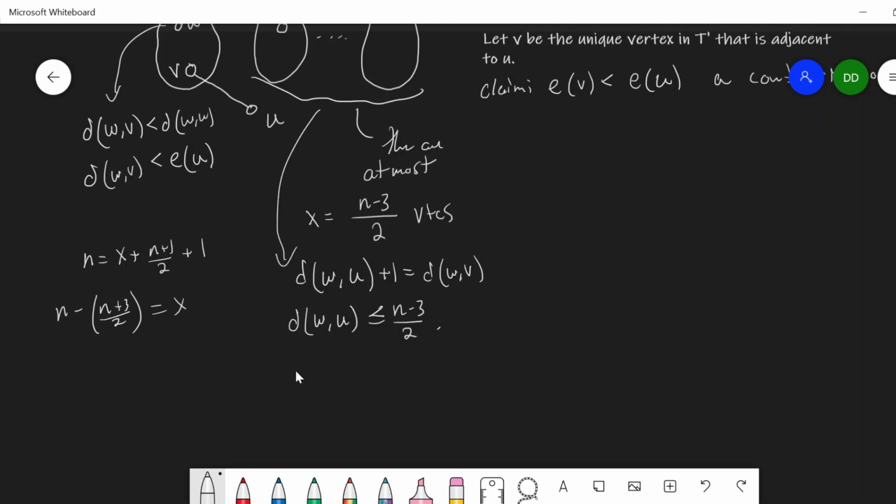So the distance from W to V for any W over here is at most (n minus 3)/2 plus 1. That's (n minus 1)/2.